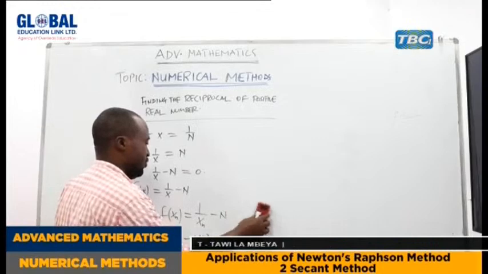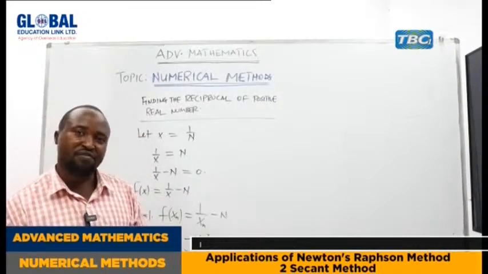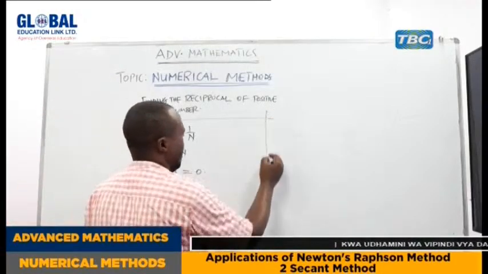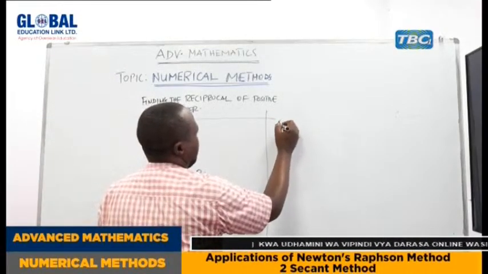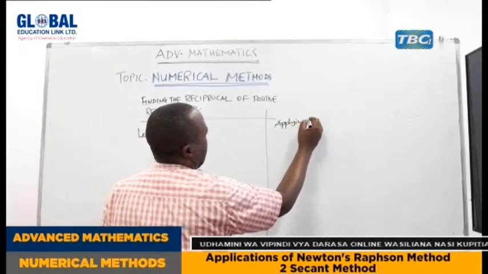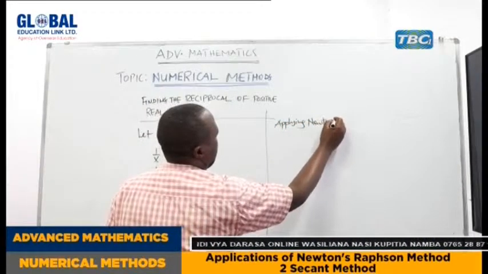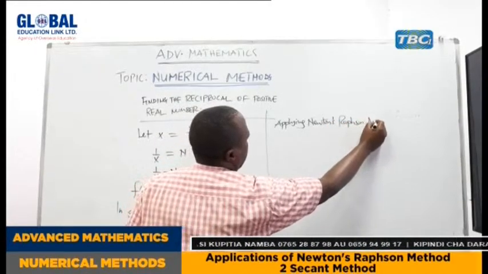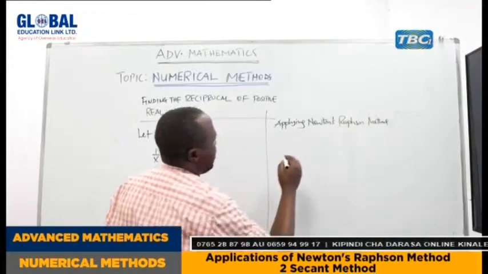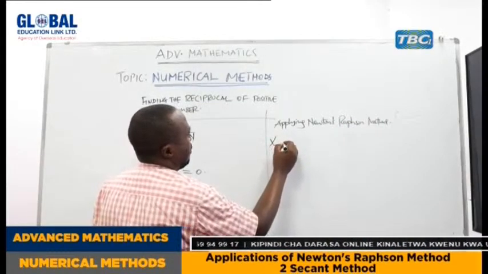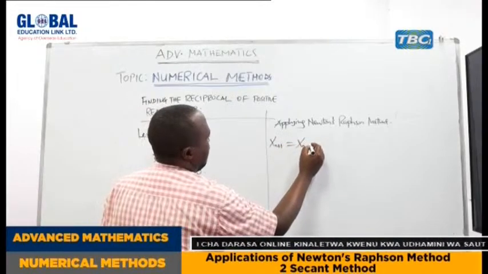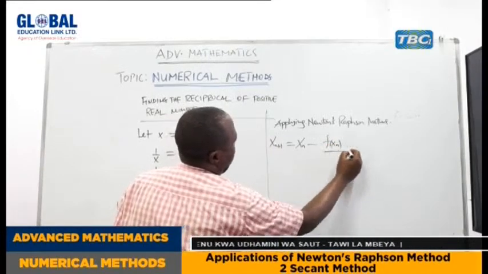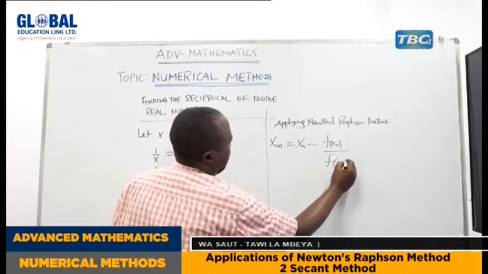So if this is the derivative, then we apply the Newton-Raphson method, which says xn plus 1 is equal to xn minus f of xn over f dash of xn.